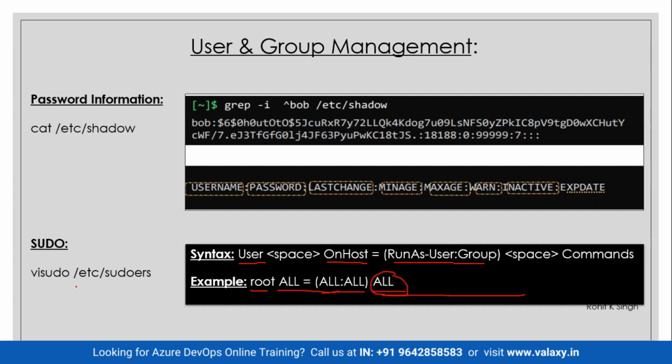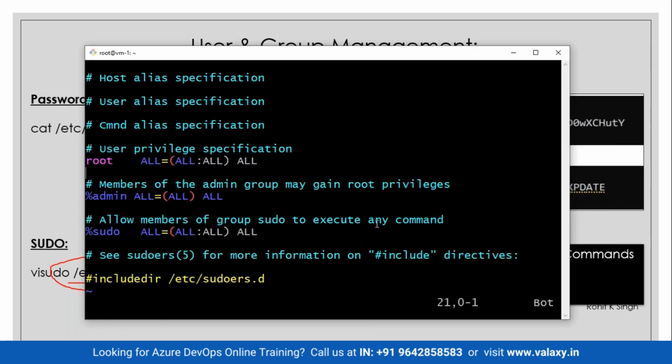This is how you can give root privileges to anyone. Make sure you are fully aware of what exactly you're doing, then only go and make changes over here, guys. Don't corrupt this file. It is /etc/sudoers, in case you want to give him a root privilege.